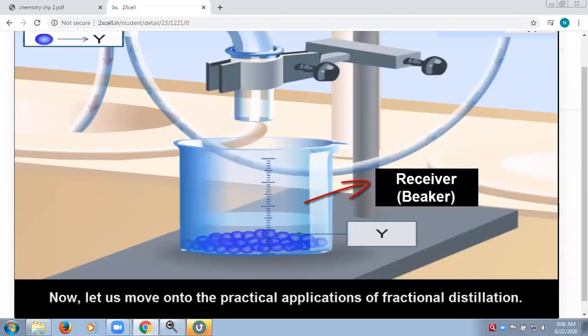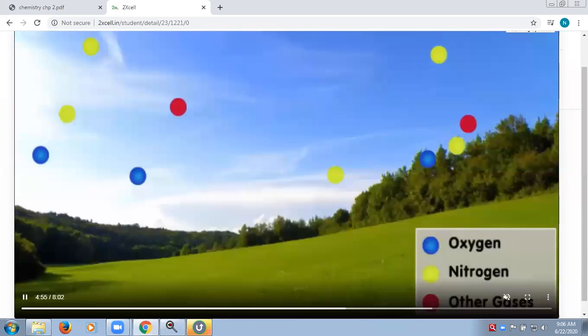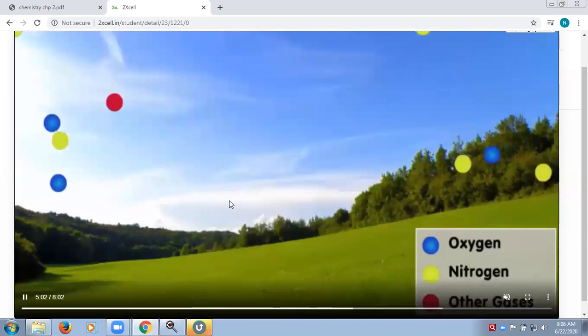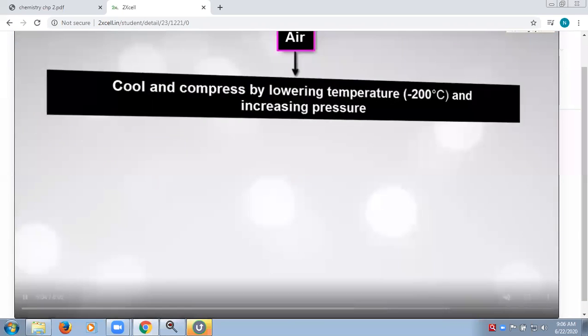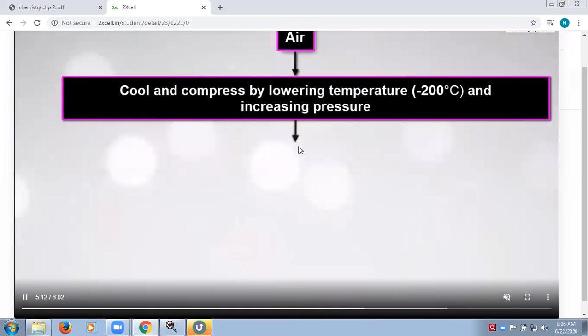What are the practical applications of fractional distillation? One practical application is separating the different components of air. Air contains many gases, so that can be separated by the process of fractional distillation. How? First, air is cooled and compressed by lowering the temperature to minus 200 degrees Celsius and increasing the pressure.